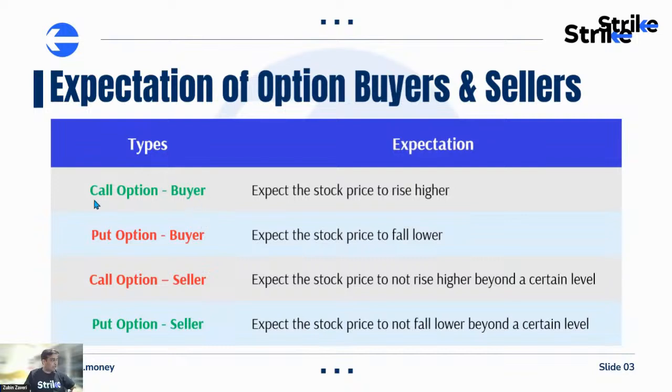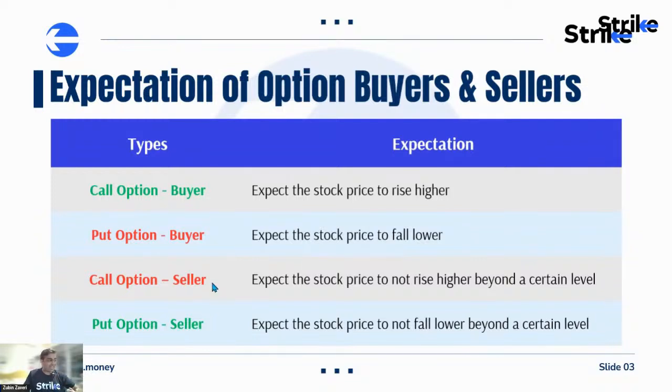But if the majority of the retail people are buyers of call options, then who is selling to them? On the other side, there are the professional, institutional people. They are not allowed to speculate using derivative contracts, so they generally sell into the options. What do I mean by that?